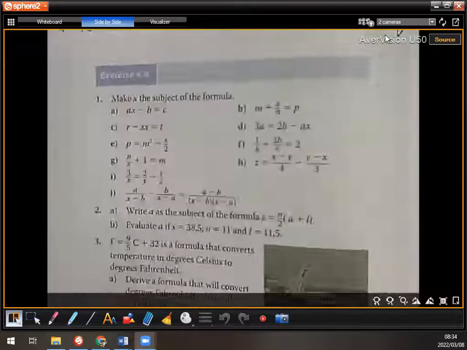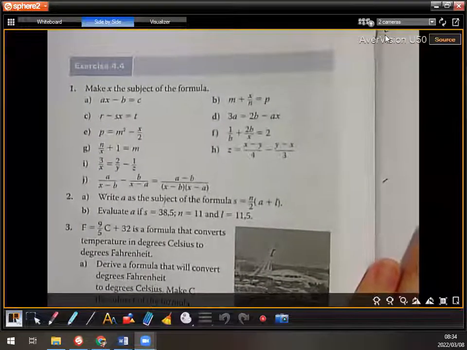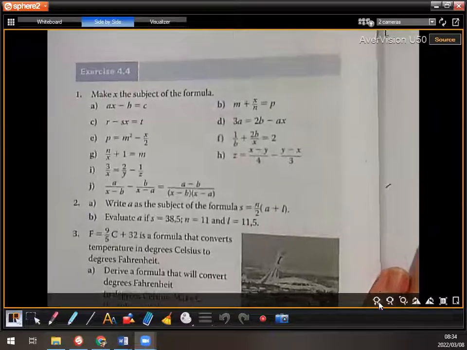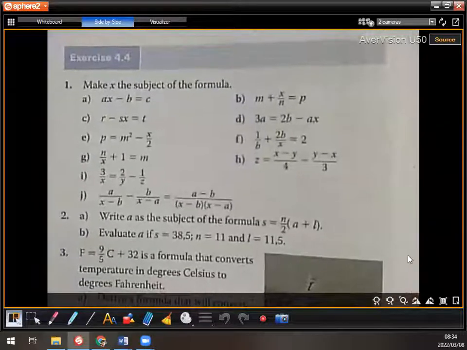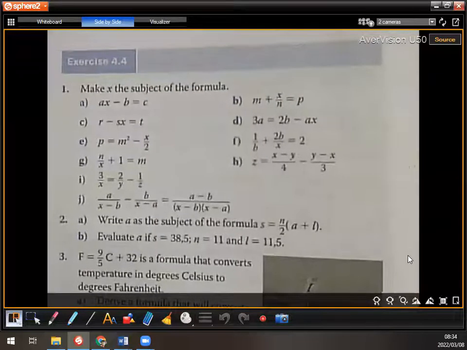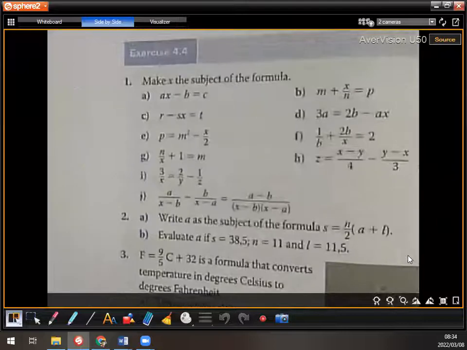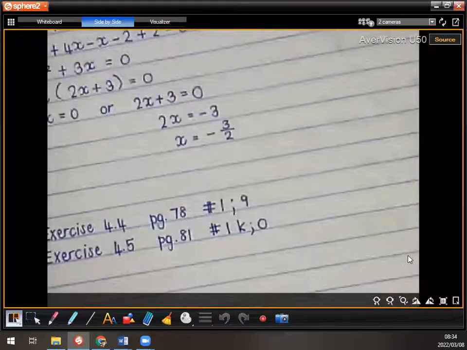Okay, guys, there's number 1. And the 9 is at the bottom of the page, so I can't put that up, unfortunately.